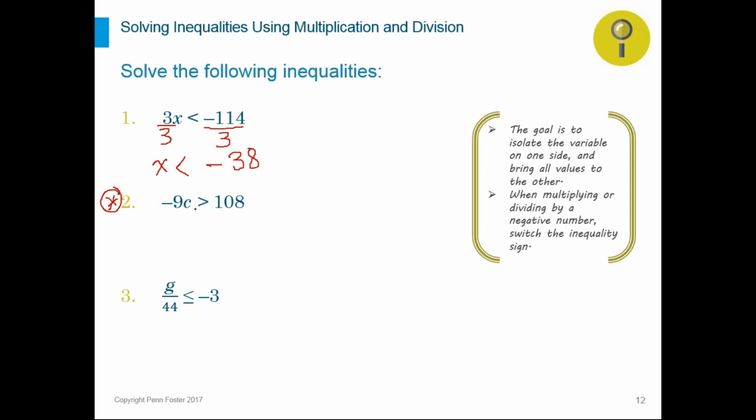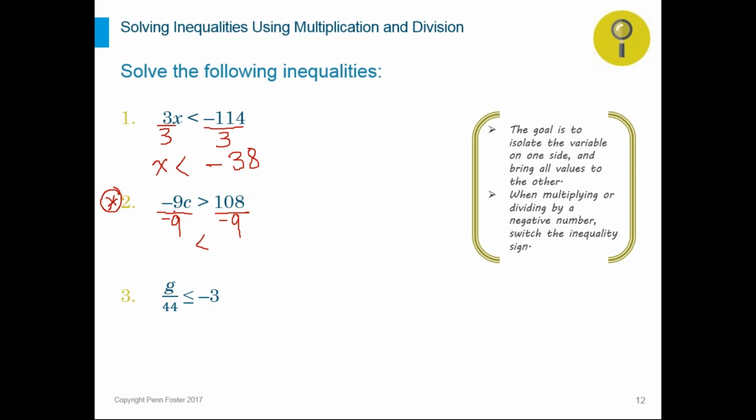Let's do that together. If I'm looking at this inequality, I'm going to follow the same steps. The c, which is the variable, is multiplied times a number, negative 9. Then reverse, divide over negative 9 on both sides. I am dividing over a negative value. The first thing I'm going to do in my solution is to flip the sign and then evaluate the right and the left hand sides.